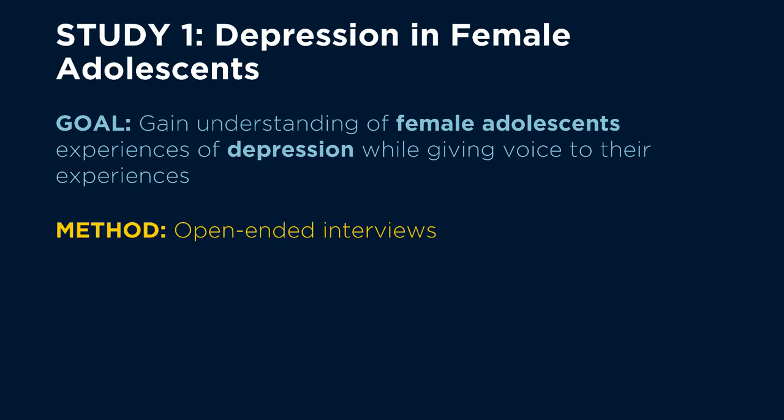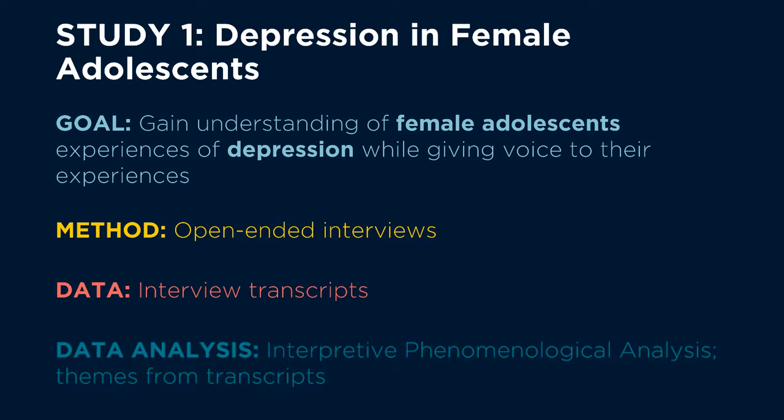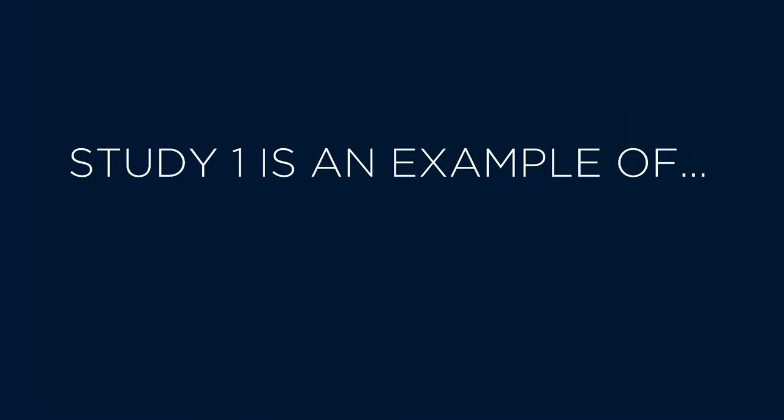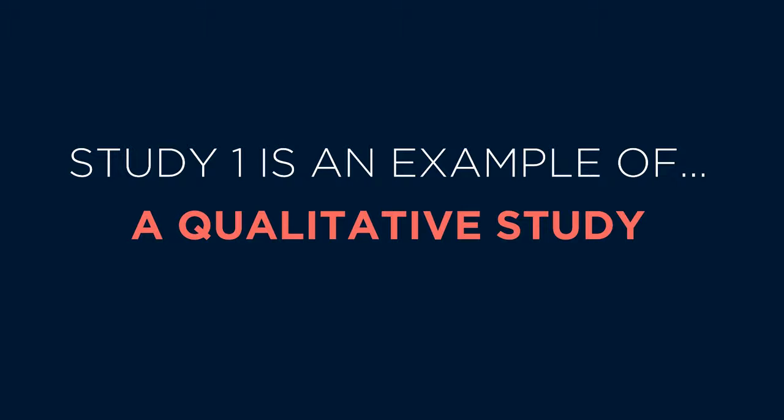The method for doing this was 6 open-ended interviews regarding participants' experiences of depression. The data consisted of interview transcripts, and the article includes quotes from the interviews. The data analysis technique was interpretive phenomenological analysis, in which researchers distilled themes from the interview transcripts. This is an example of a qualitative study.